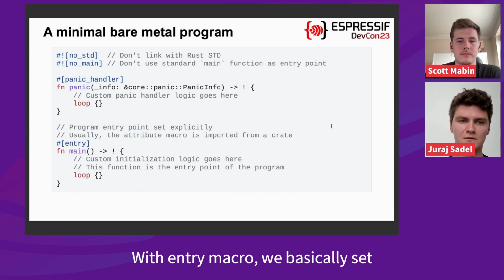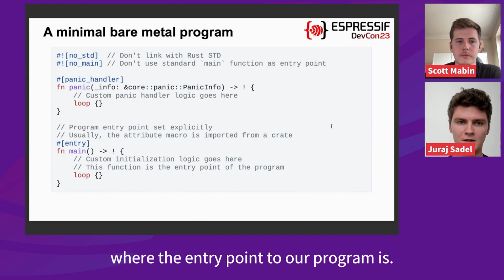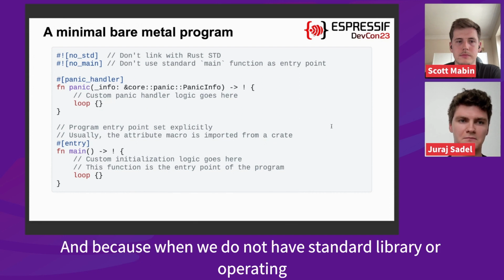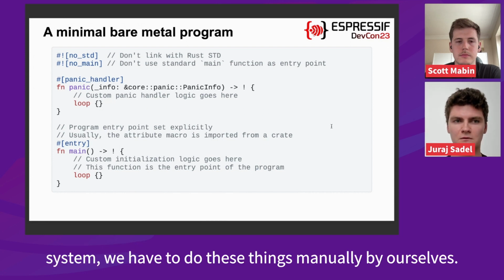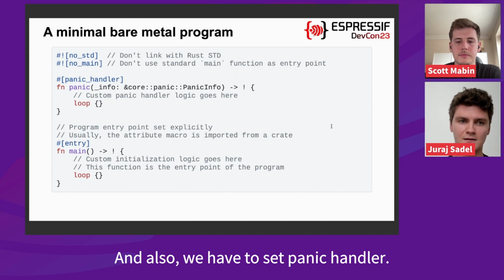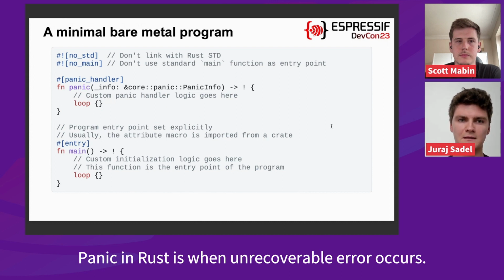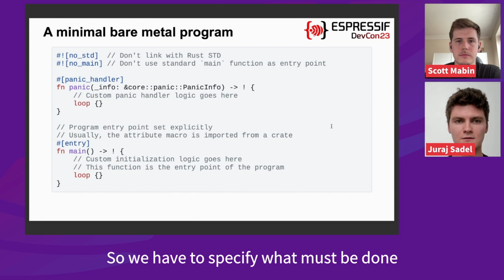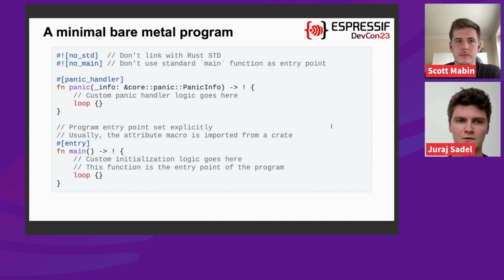With the entry macro, we basically set where the entry point to our program is, because when we do not have a standard library or operating system, we have to do these things manually by ourselves. That's why we have to set these things. And also we have to set a panic handler. Panic in Rust is when an unrecoverable error occurs, so we have to specify what must be done when such an event occurs.